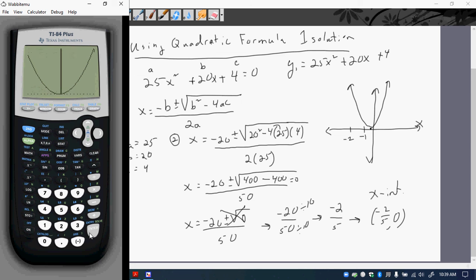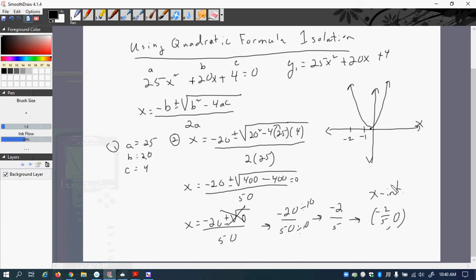And then enter again, and it gives it to me at negative 0.39, and I believe that's what negative 2/5 would be. So if I go to second quit and do negative 2 divided by 5, I get negative 0.4. So it's really darn close to what the graph is saying here, which was negative 0.39. So it got it.